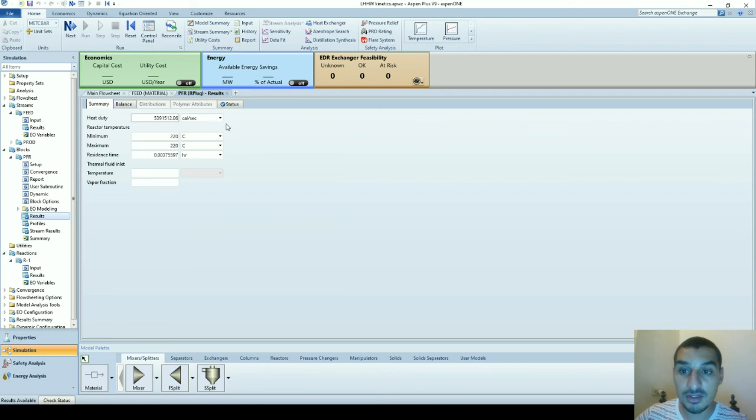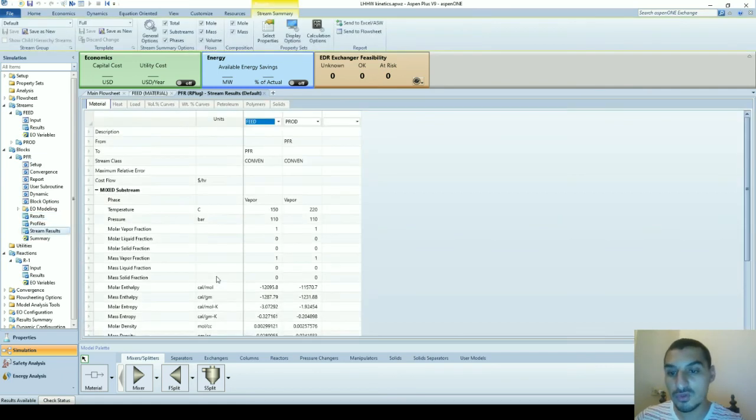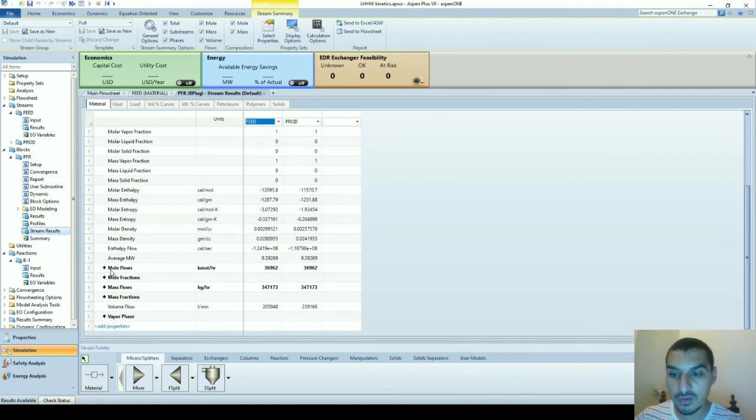There is heat duty. And it's kind of expected, because we said that this reactor is isothermal, so it means that we're keeping the temperature constant, so we have to have a heat source or cooling or heating outside so we can maintain the temperature. I would like to see how much conversion we achieved using this reactor after all this.